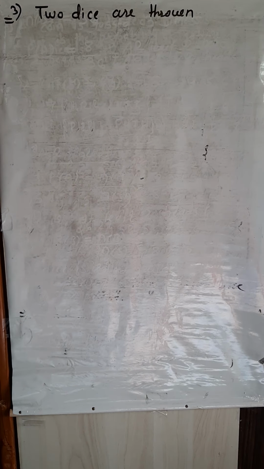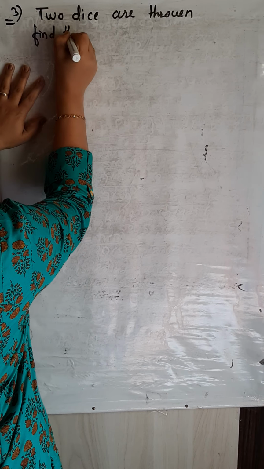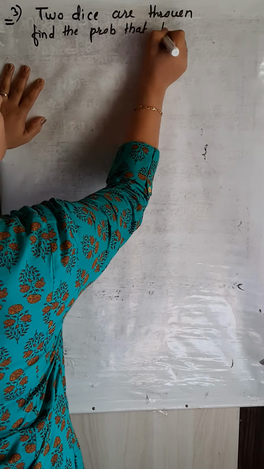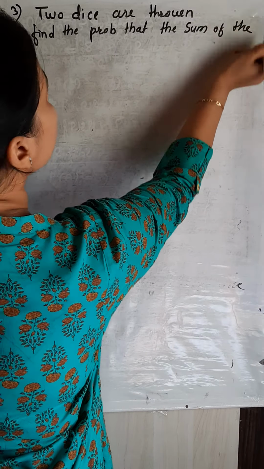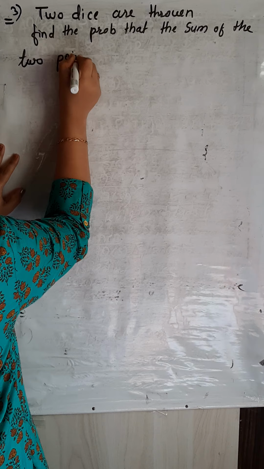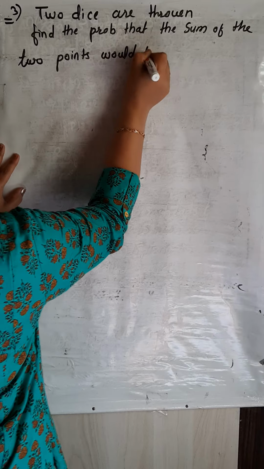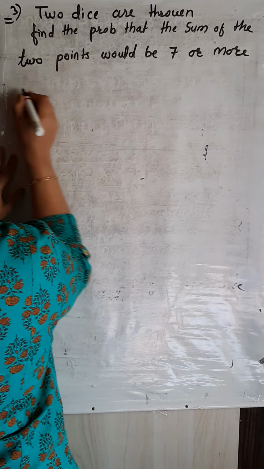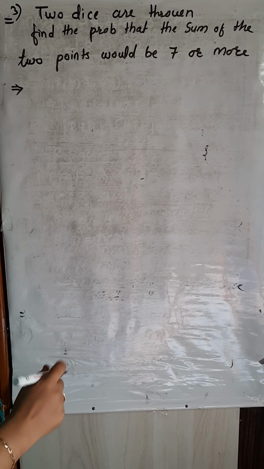Find the probability that the sum of the 2 points would be 7 or more.